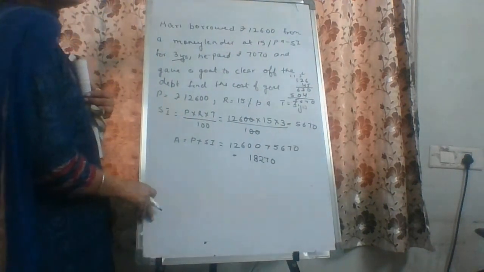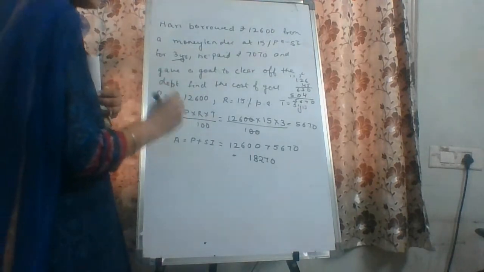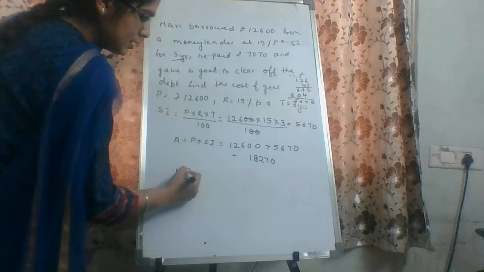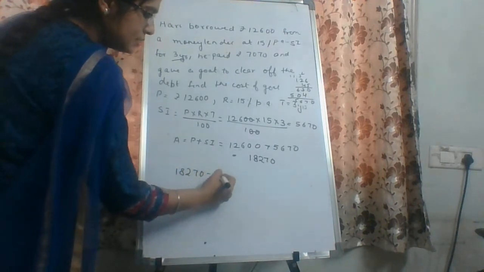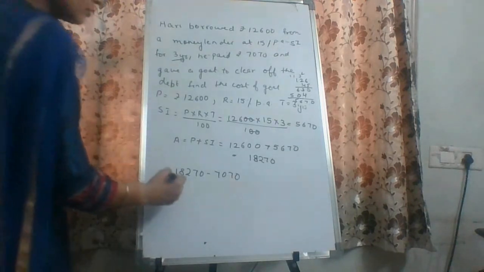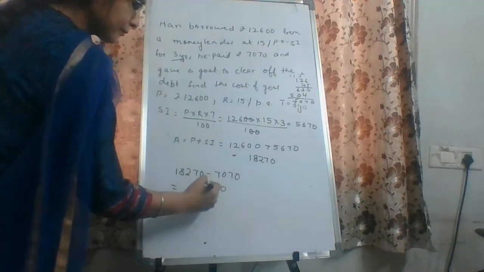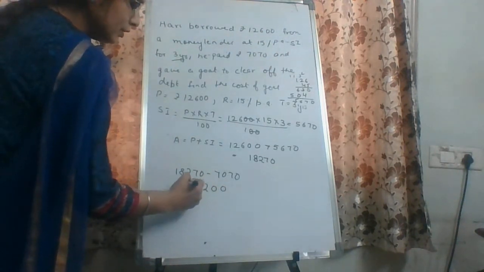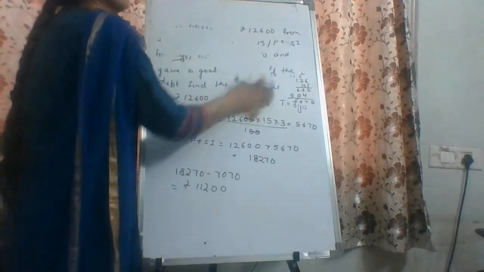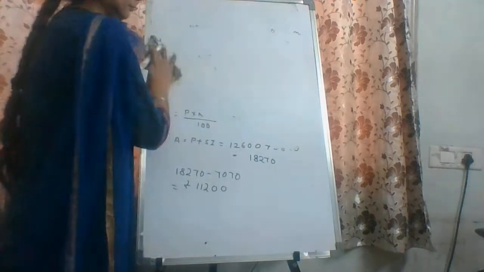Now he paid rupees 770 and a goat. That means if I subtract 18270 minus 770, I get the cost of the goat. So the cost of the goat is 11200. Let us solve one more question related to this.